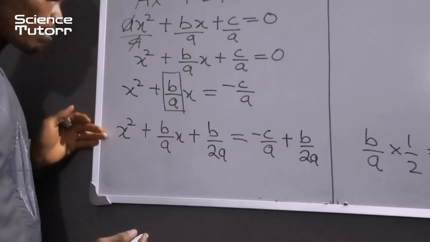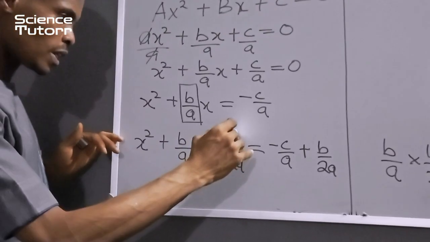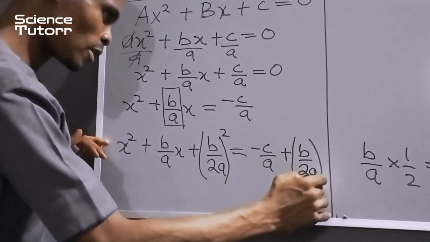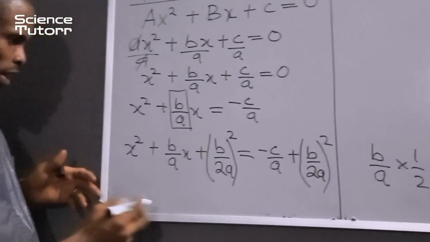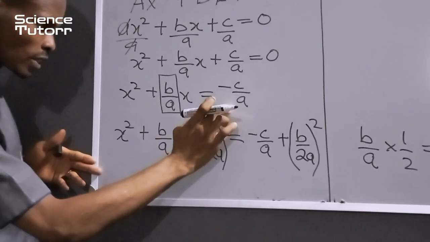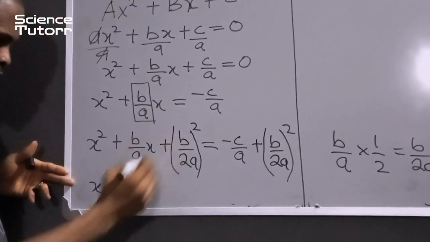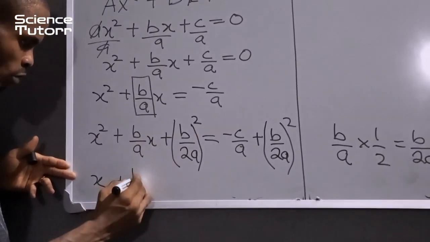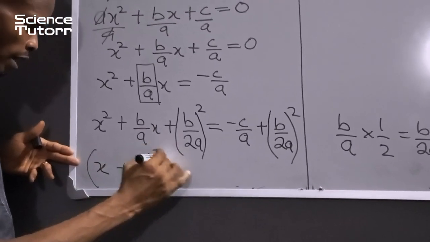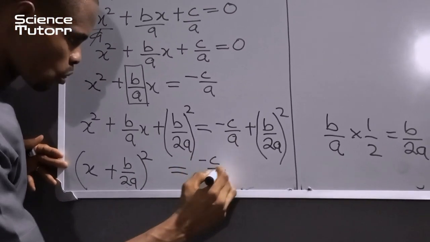Step 4, I'm going to square the result. What it simply means is I'll put brackets and square this, and also put brackets and square this. The next step is this carries a square, this carries a square, so I could decide to pick one here, plus I pick one here, that is b over 2a, and then I enclose with a square, which is equal to minus c over a.